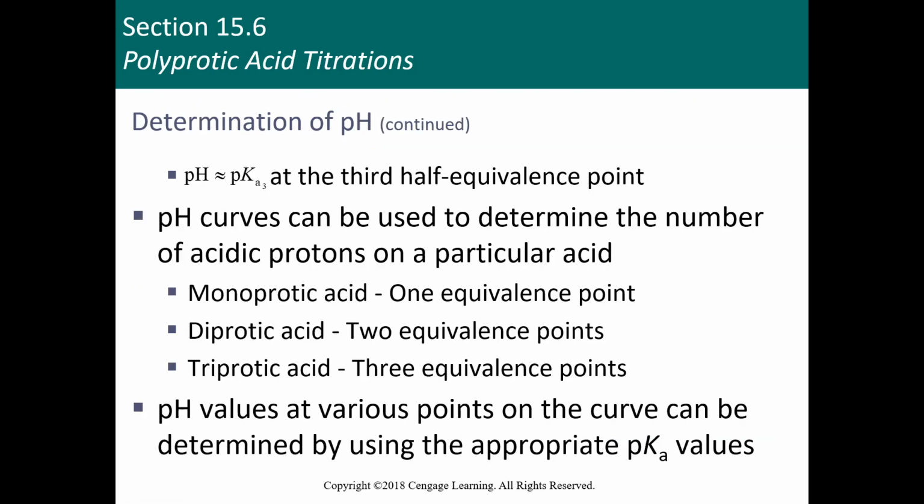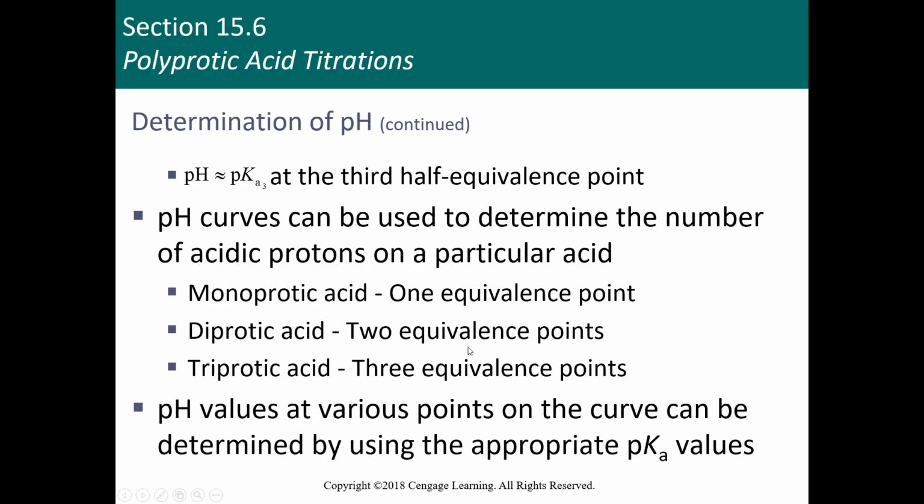Now, that means the pH at the third half equivalence point would be approximately equal to the pKa3, which would be your third deprotonation. Your pH curves can be used to determine the number of acidic protons on a particular acid. If you have one equivalence point, one of those rapid gains, then you are going to have a monoprotic acid.